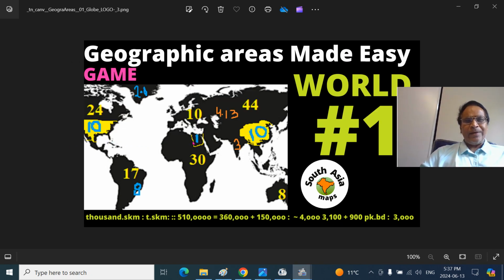Here Egypt is 1 unit, million square kilometers. Again, Africa is 30 times, South America 17 times, and North America is 24, among which 10 is the United States, 10 I have not put here, Canada, 10 is China, 10 is most of Europe west of the Ural Mountains, so 10, 10, 10 here almost. 4 countries have the same area: Australia 8, Brazil 8, Australia meaning Polynesia in broad terms. 2 times is South America, same as the Russian Republic, Russia.